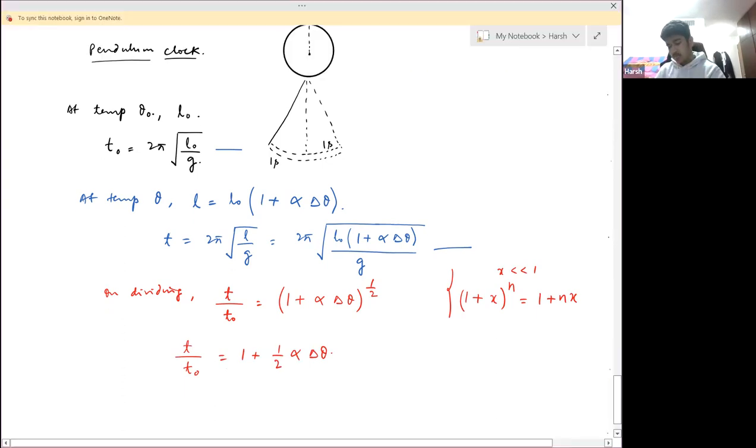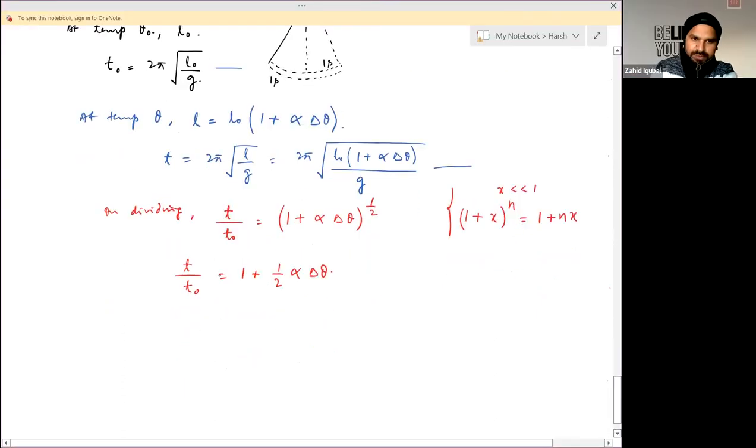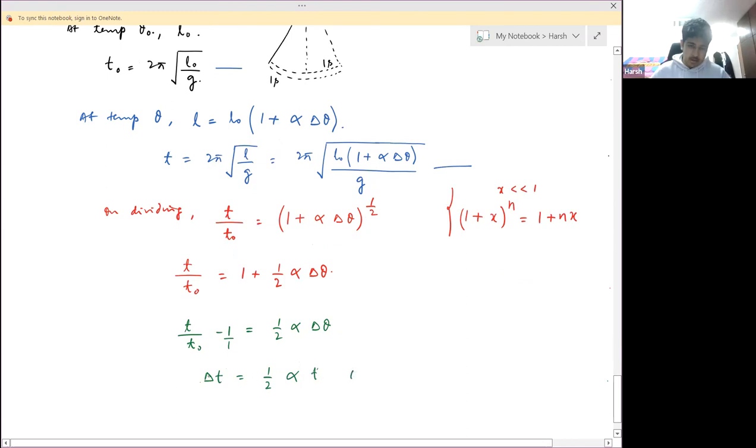Now, on simplifying, move this 1 to the left side. So T over T naught minus 1 equals half alpha delta theta. Take out LCM as T naught. So you may write delta T equals half alpha T naught times delta theta.